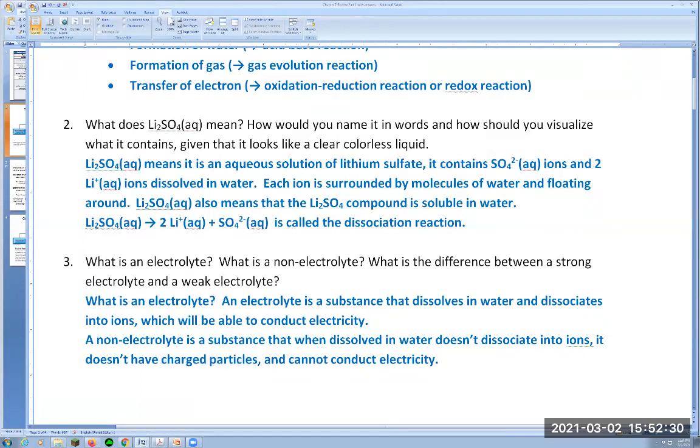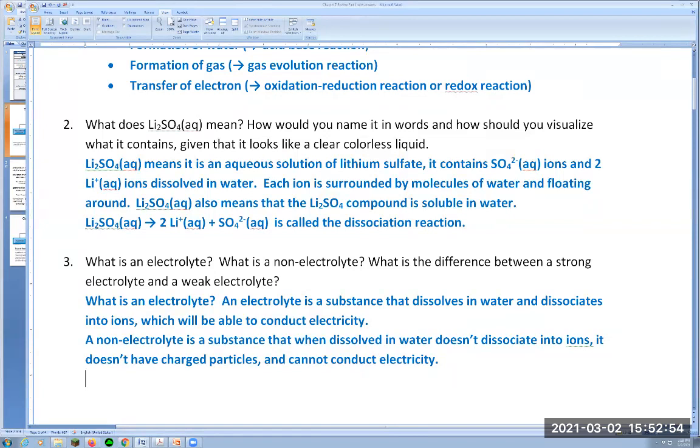So typically, for example, sugar, that's a molecular compound. It's a big molecule made of 6 carbons, 12 hydrogens, 6 oxygens, and it's a neutral molecule. There are no negative or positive charges on the sugar molecule.